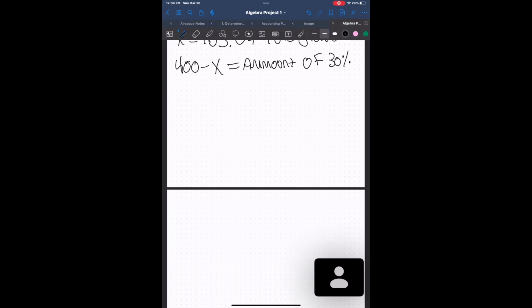Let's write out the whole piece here. 1.0x plus 0.30 times 400 minus x equals 60.